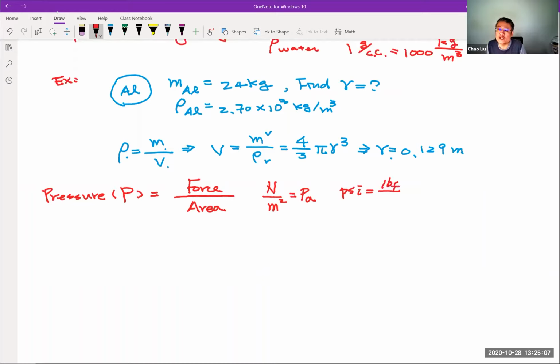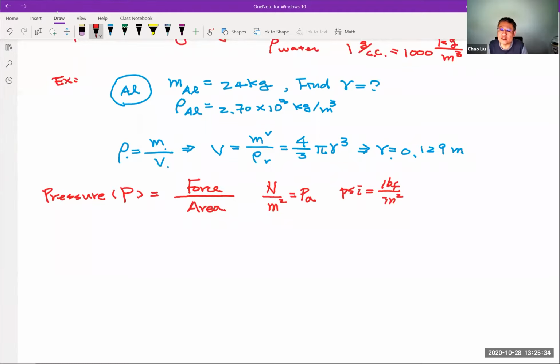In the US system, we describe force in pounds, and there's a pound mass and a pound force, so you should use the pound force. The area is described in inches squared. So a pound force divided by inch squared is the PSI. This is the one that we use the most in the States.